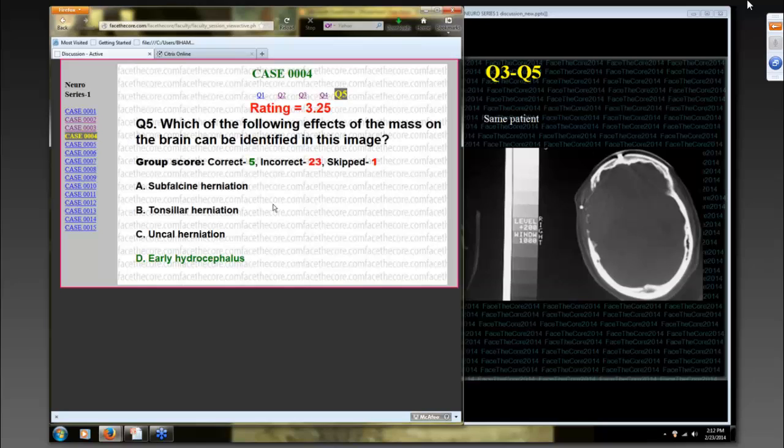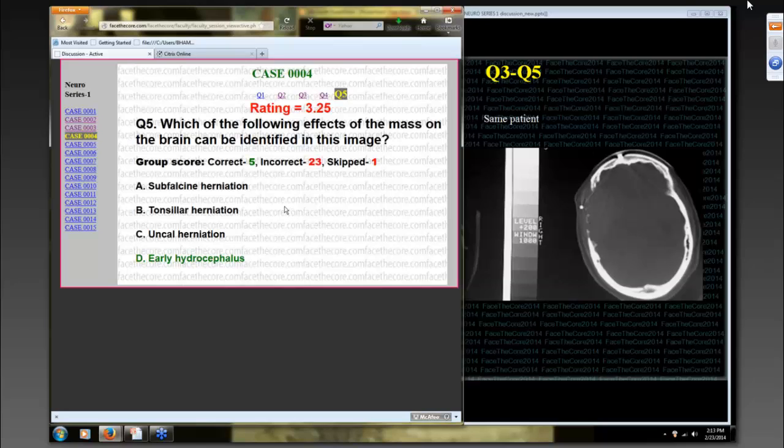Of these, the uncal and subfalcian herniations are supratentorial, and the tonsillar herniation, either superior or inferior, is infratentorial. Of all, the subfalcian herniation is the commonest and, fortunately, the least dangerous, but however it can produce a significant effect on the anterior cerebral arteries, producing infarcts.